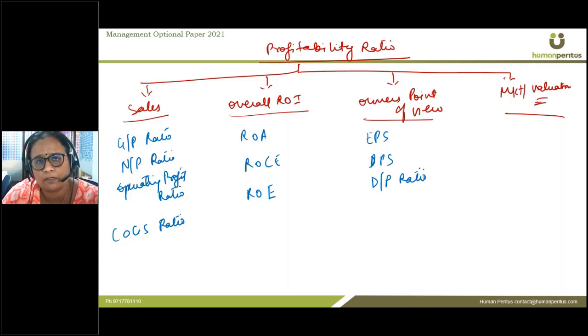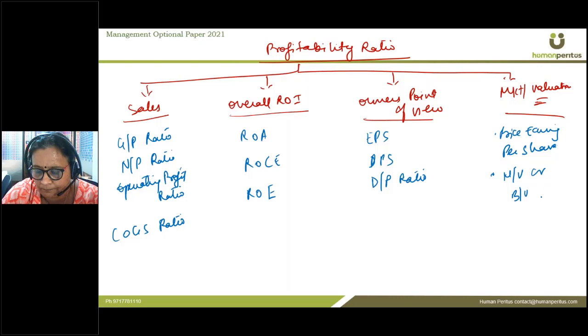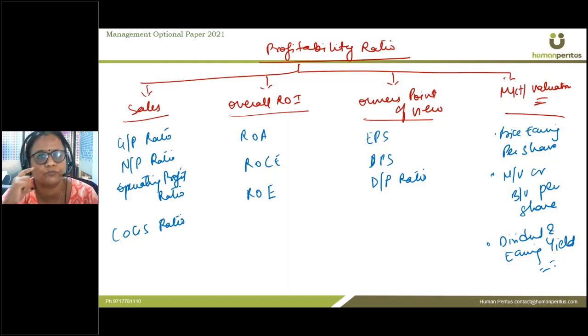If we are talking about from market or valuation purpose, then price earnings per share ratio has to be calculated, or market value or book value per share ratio has to be calculated, or dividend and earning yield. These are the ratios which are useful for different users of the financial statements. Okay, so in this way we can conclude this question.